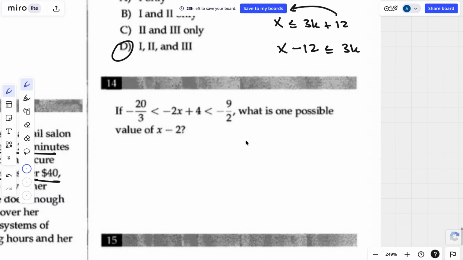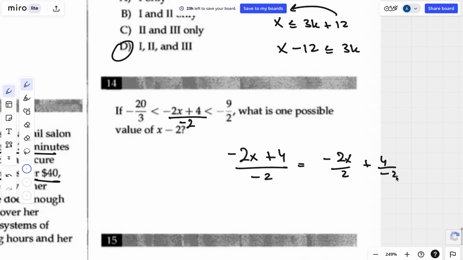14, let's solve this. It says what's one possible value of x minus 2. If I divide this by minus 2, this becomes negative 2x plus 4. If I divide this by negative 2, you can write this as negative 2x over 2 plus 4 over minus 2, which is going to be x minus 2.